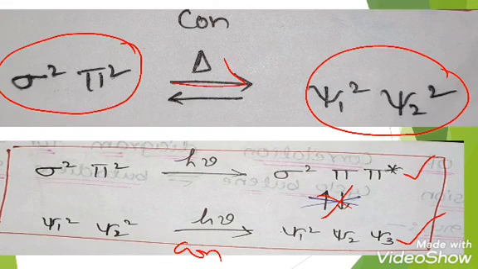Ring opening of cyclobutene under thermal conditions follows the conrotatory mode, and under photochemical conditions follows the disrotatory mode.